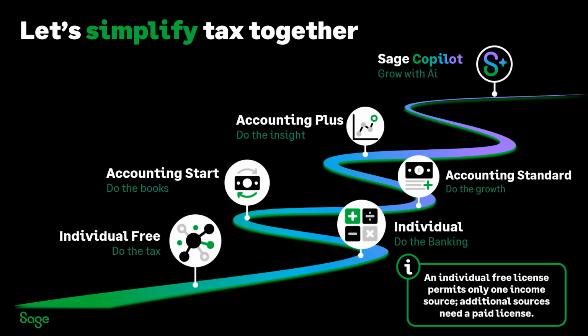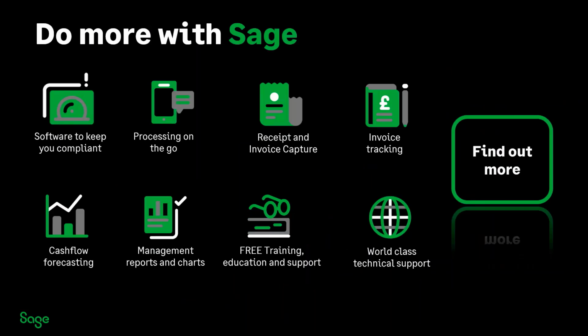Another good question coming from Ian: do you have price and summary for the various products? I'm going to talk about this on our next slide. But first, I'm going to talk a little bit more about Sage. We do software that keeps you compliant with Sage Accounting. You have free access to the free mobile app, so you can process on the go.